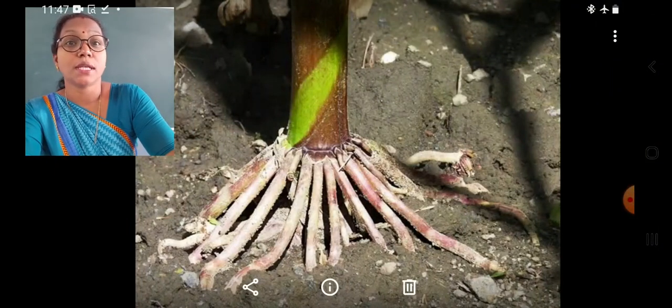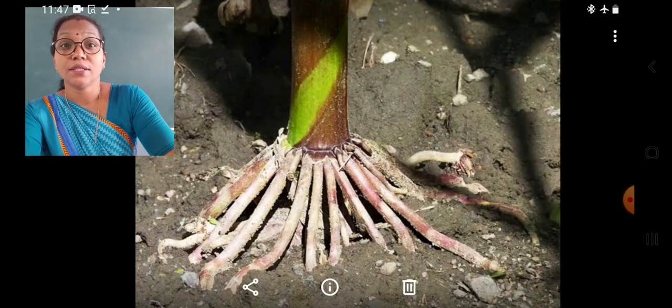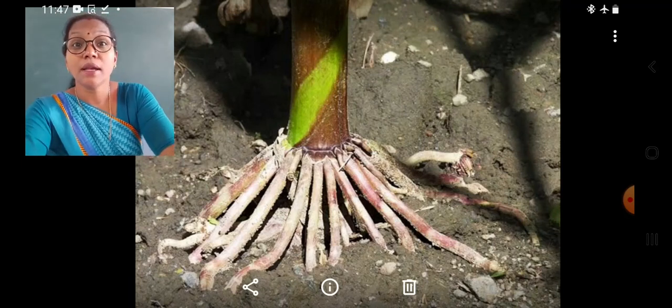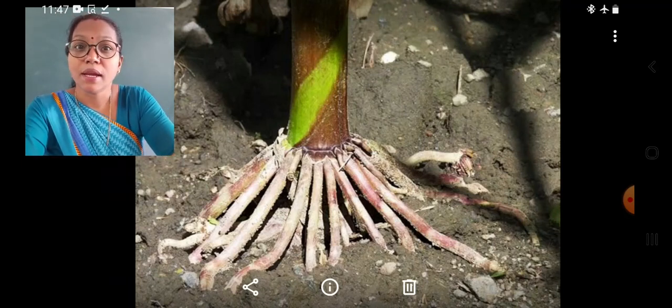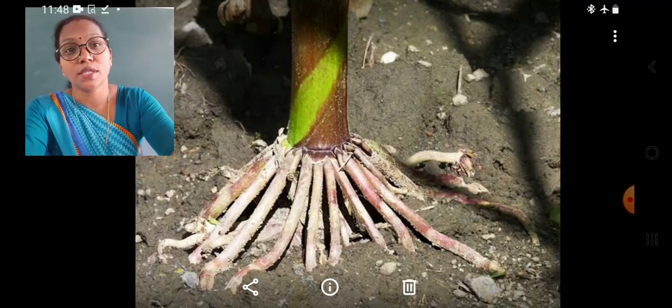The monocots such as the paddy plant, wheat plant, maize plant, grasses, bamboo and arecanut, coconut, palm trees all possess the fibrous roots. Here in the picture you can see the fibrous roots are similar in size and similar in structure. There is no main root; a thick big main root is absent in the fibrous root system.